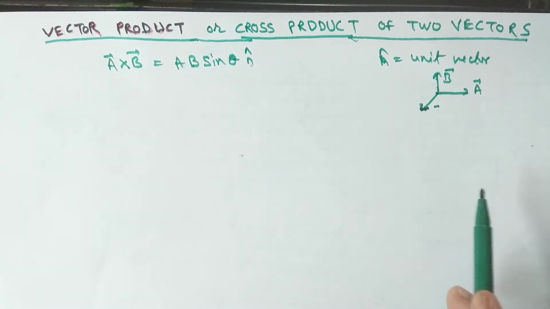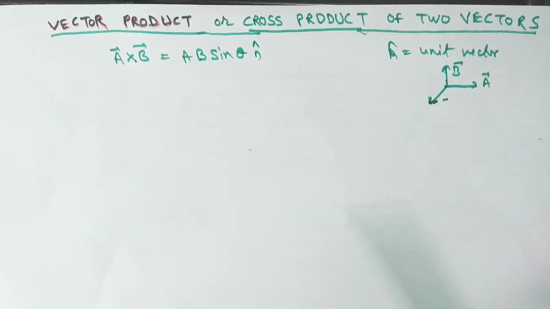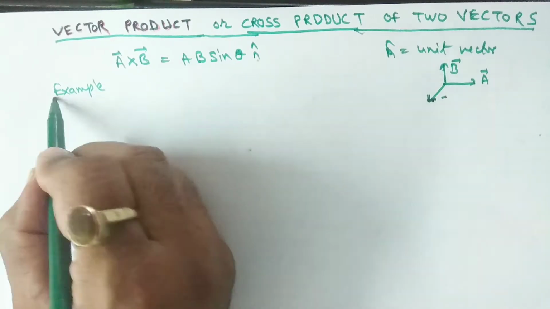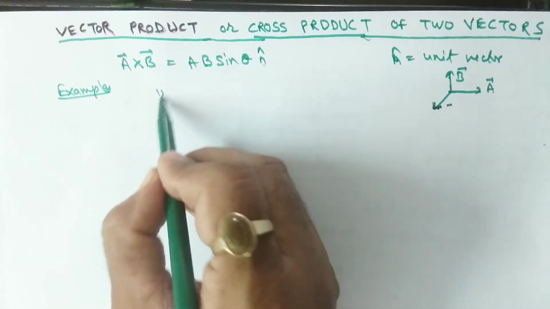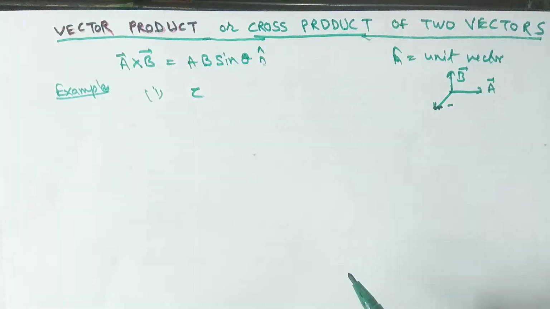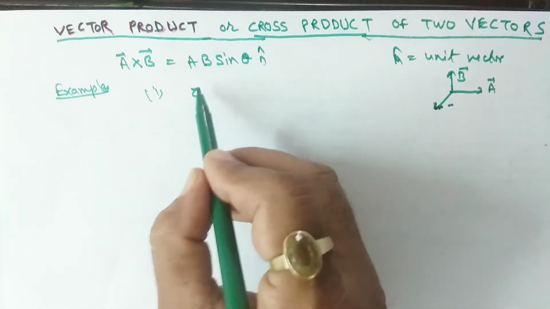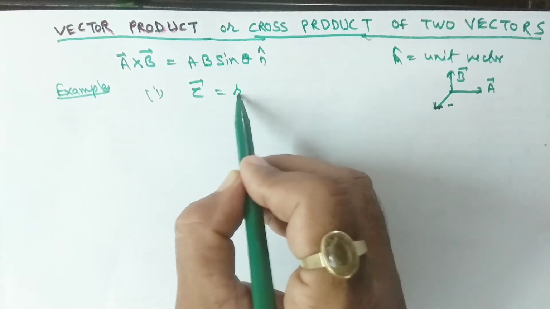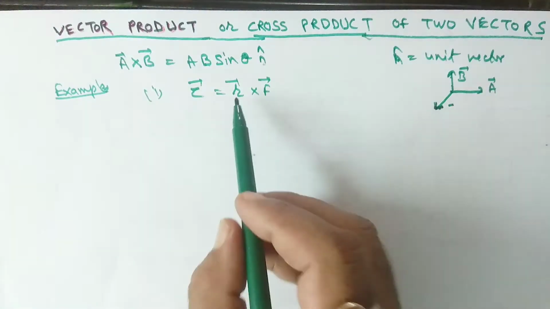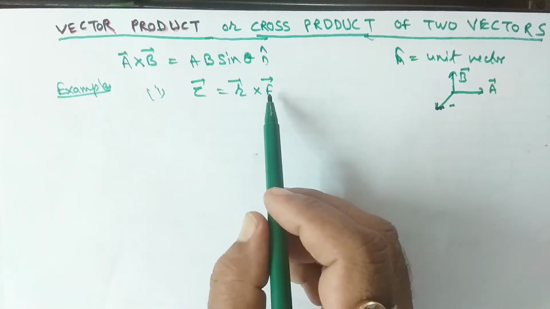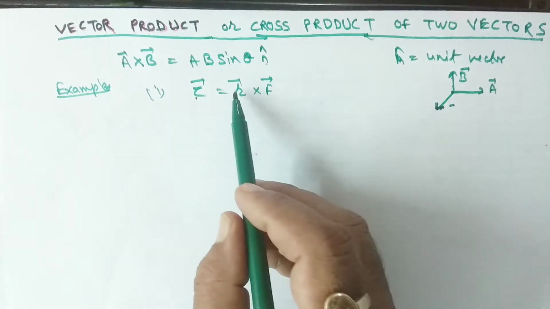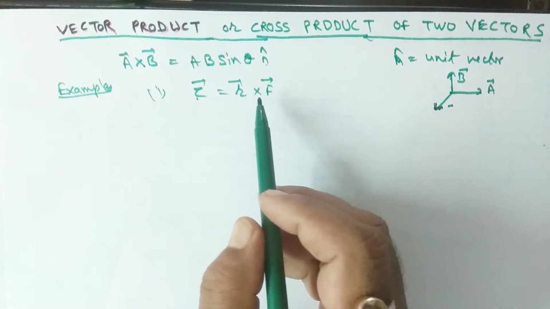Now see the examples. To understand this, I'm taking a few short examples. In the first example, as studied previously, the torque is equal to the position vector r crossed with the force. The position vector is a perpendicular distance and this is the magnitude of force. So torque is a vector quantity because it is the resultant of two vectors.